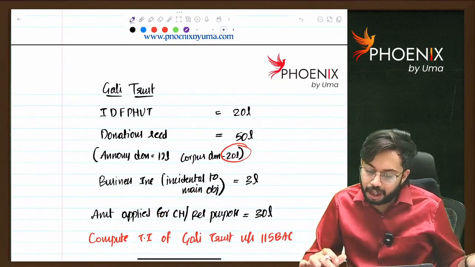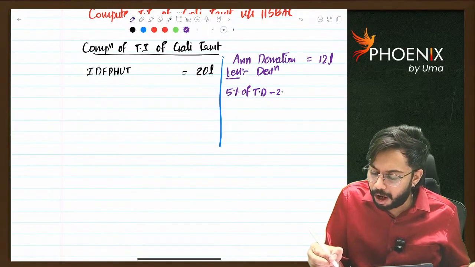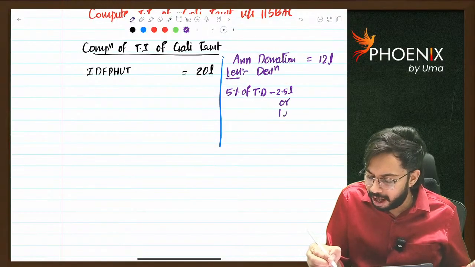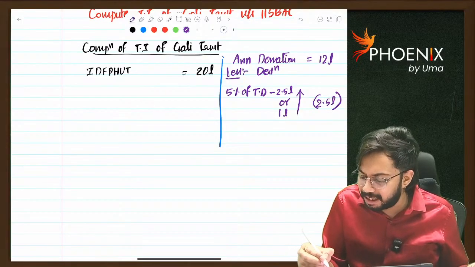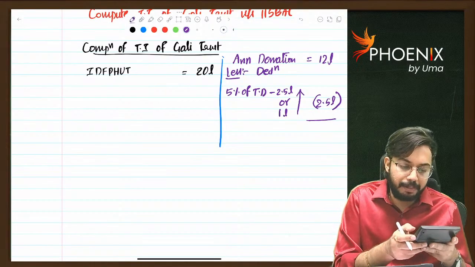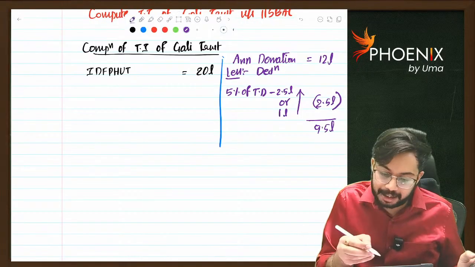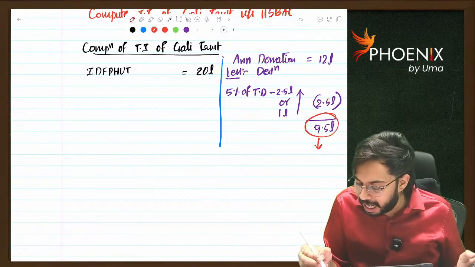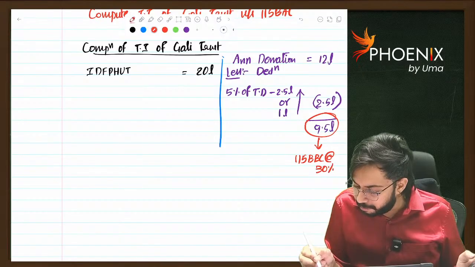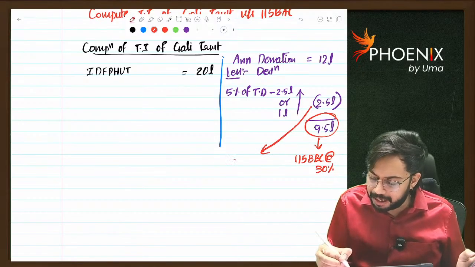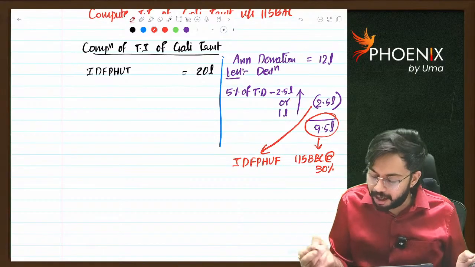So how much is total donation? 50 lakhs. 50 lakhs into 5%, 2.5 lakhs, or 1 lakh, whichever is higher. That means 2.5 lakhs is allowed as deduction. How much is balance? 12 minus 2.5, 9.5 lakhs is balance. This 9.5 lakhs is taxable under 115 BBC at the rate of 30%. And this 2.5 lakh will be treated as income derived from property held under trust.